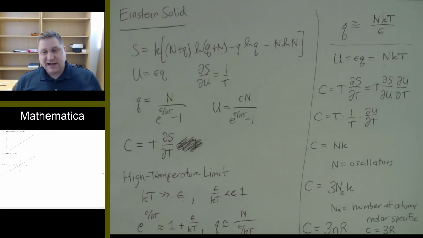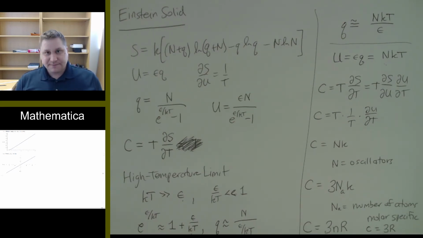So it's basically 8.31 for R times 3 is about 25. So the molar specific heat of almost every metal is about 25 joules per mole per Kelvin.